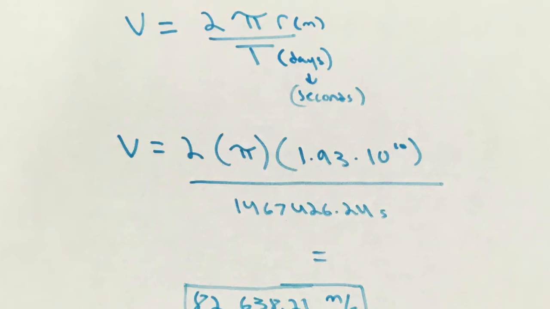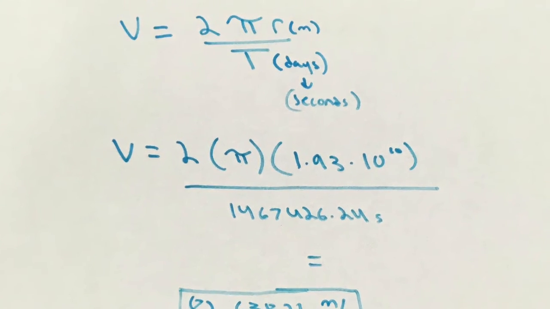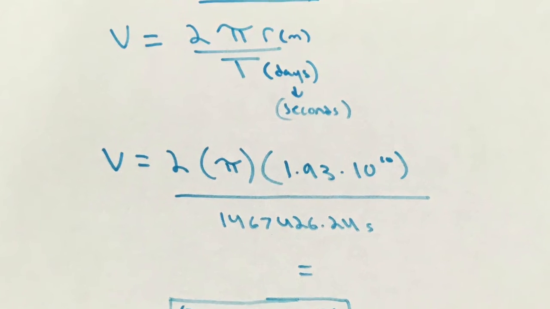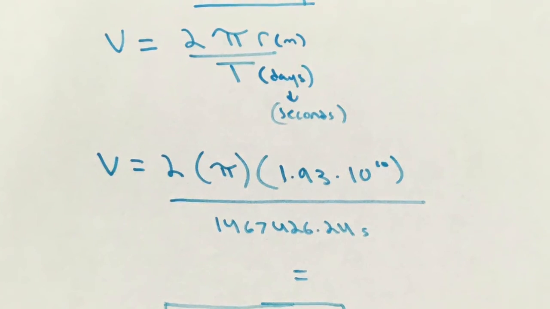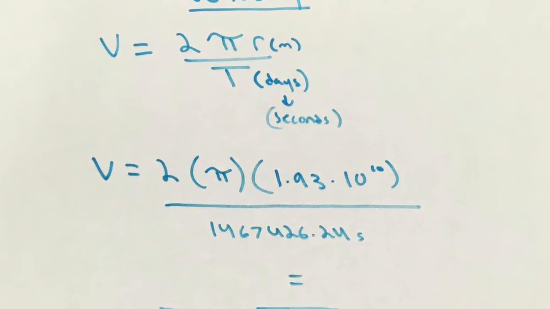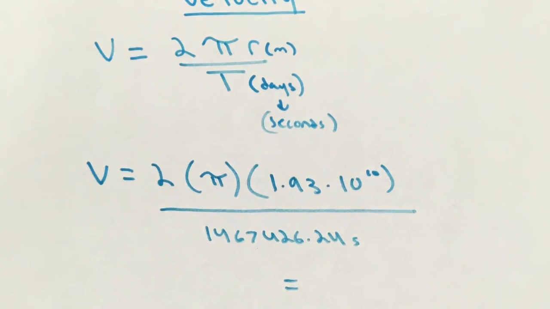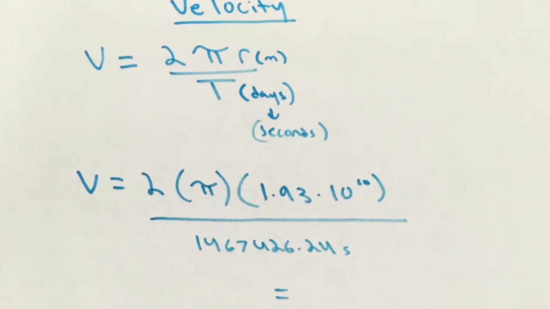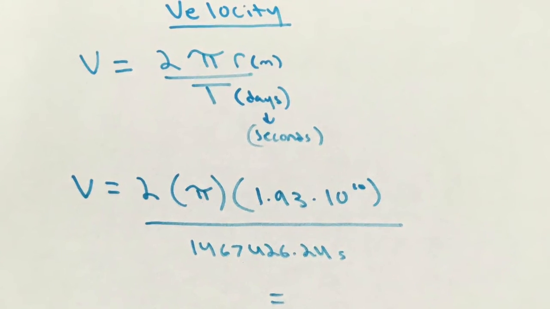The final value, and an important one we are going to want to determine, is its instantaneous velocity, or basically how fast it is orbiting its star at any given moment. We can find this value by using the formula for the circumference of the planet's orbit and dividing that by the amount of seconds it takes for our planet to orbit its star.